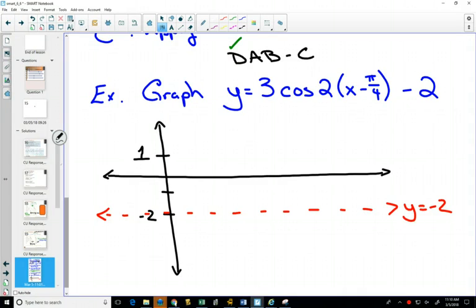And if I go down 3 from my center line, negative 5 is going to be my minimum. We have now done the A value. The A value in DAB-C helps us find our maximum and our minimum. And it uses the amplitude and the center line to do that.